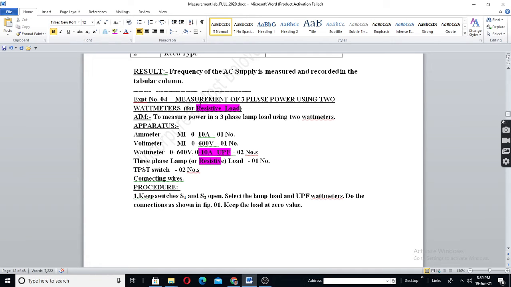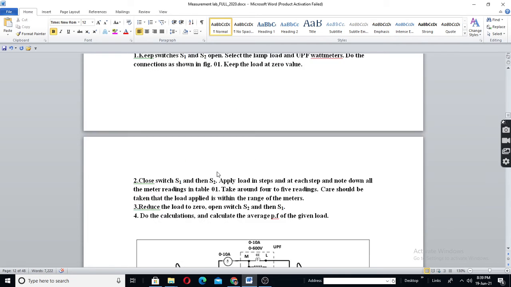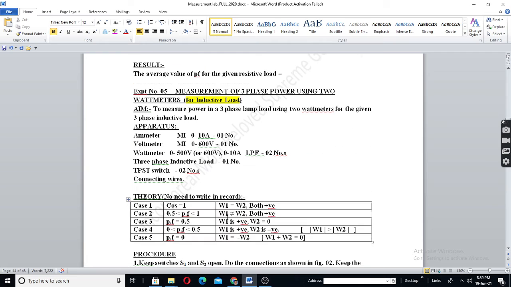For inductive or capacitive load, which is the next experiment, the fifth one, we will use LPF wattmeter for inductive load.